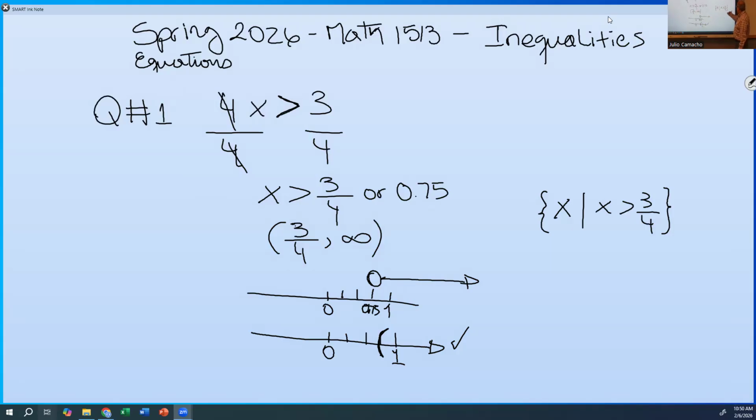That is set builder notation. That is graphing, that is interval notation, that is inequality notation, and decimal notation. You have so many ways to express your answer. Any questions? Go to next. Okay. I will erase.